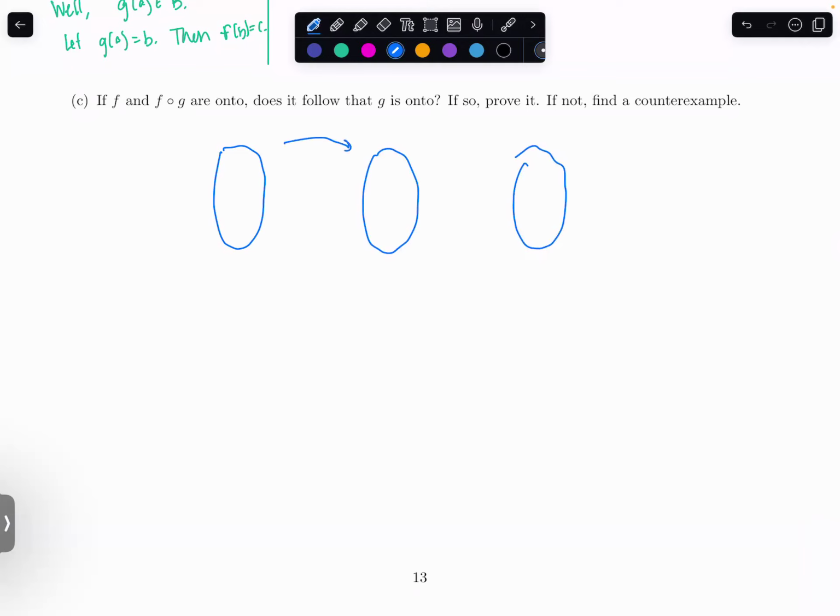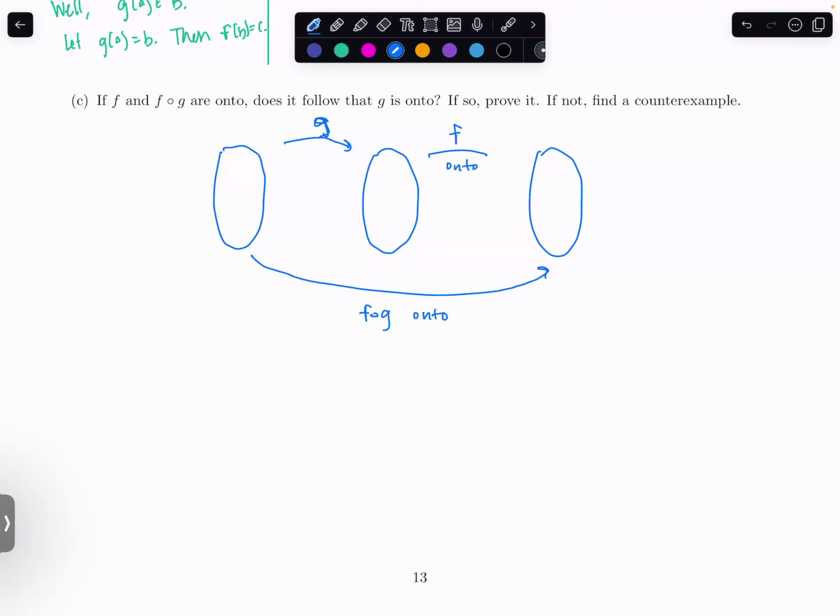Okay, so we have to think, if this whole thing, which is f of g, is onto, we just proved that that means that this one has to be onto. So the question is, is this one also onto, the first one? And the answer is no.